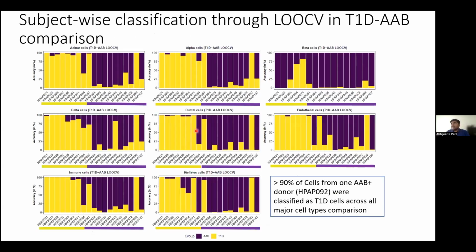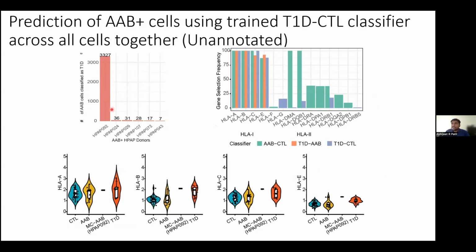But next, just to cross-check our results, we used a strategy in machine learning called leave-one-out cross-validation, to build confidence in these results.